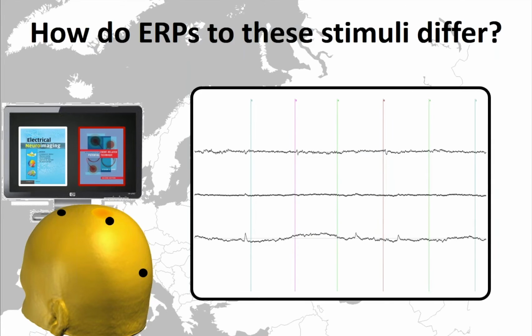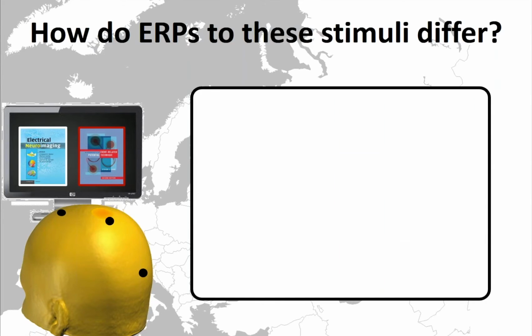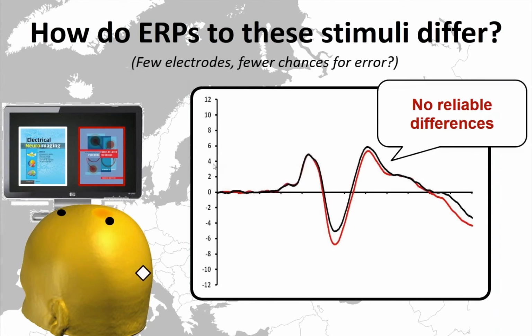And you have three electrodes that you put on the scalp. You measure event-related potentials to these stimuli, and you choose a reference among your three electrodes, and you find no reliable differences. Now, you might say, well, I have fewer electrodes, so there's fewer chances for me to make a mistake in my experiment and in the interpretation of my results.